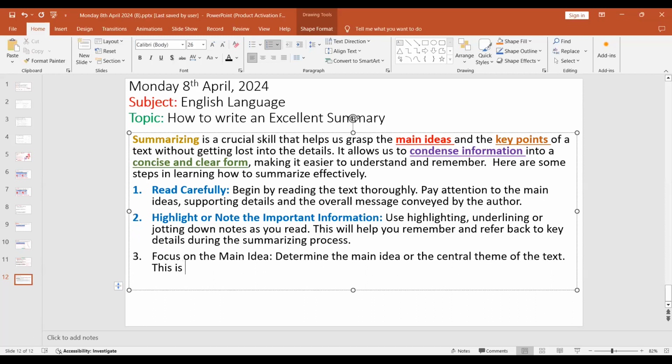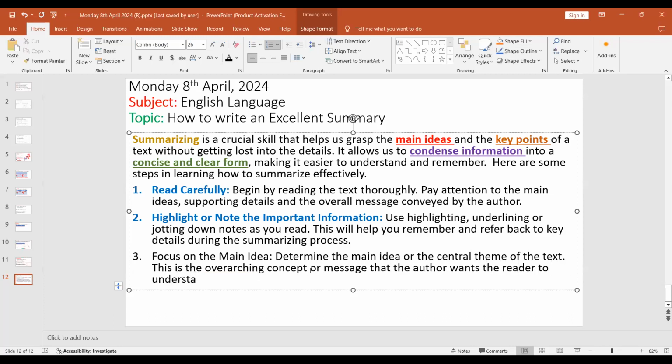This is the overarching concept or message that the author wants the reader to understand.